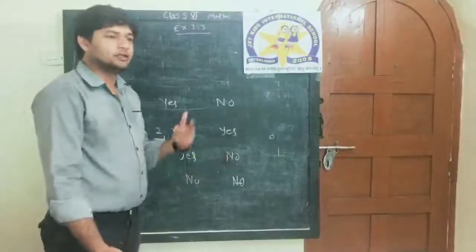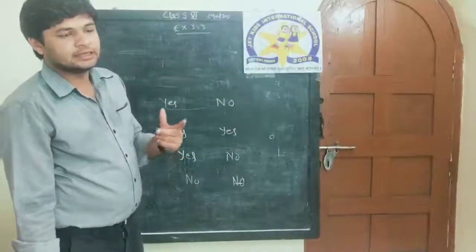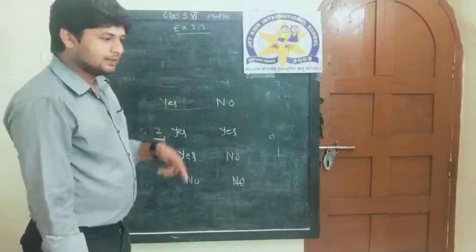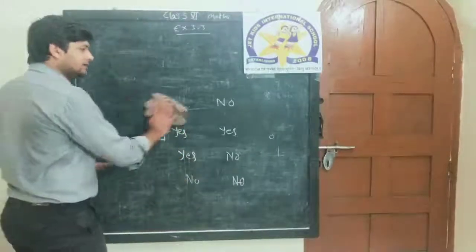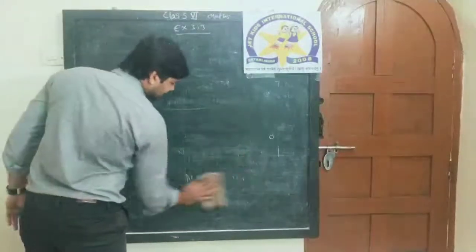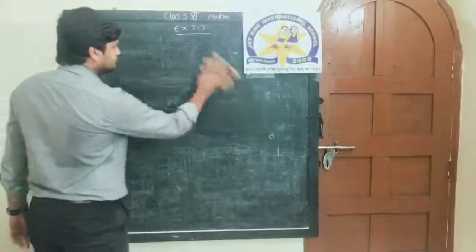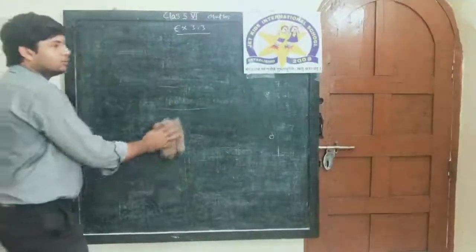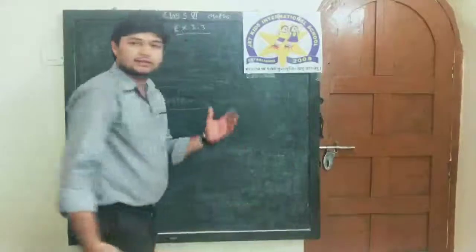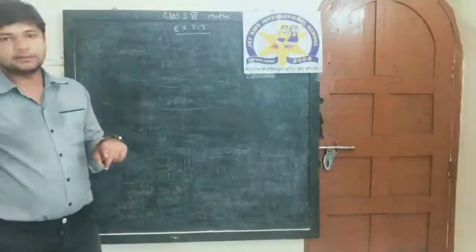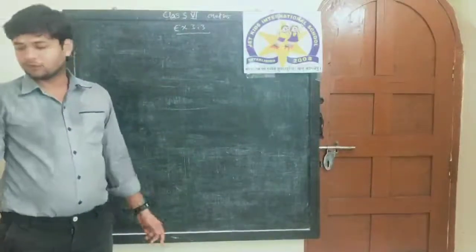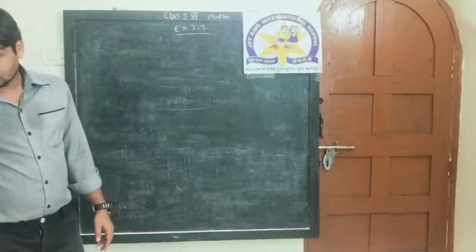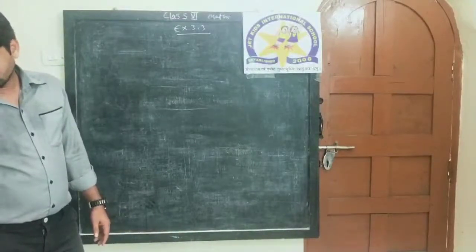Then you will write a statement. Yes, it is divisible by 4. Then second, it is divisible by 8. That statement you have to write. Clear? You can write the answer in your notebook in both ways. First in tabular form, second in statement form. No issue.